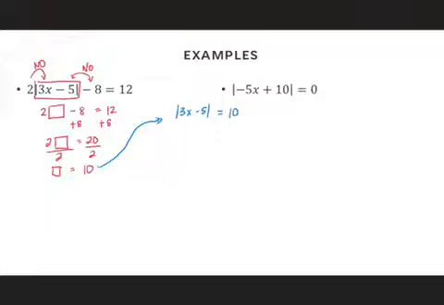Okay, so I'm going to look at the C value. The C value is a positive 10, which means I have 2 cases. I'm going to take 3x minus 5 and write it twice. On one of them, I'm going to put the 10. On the other one, I'm going to put the negative 10.